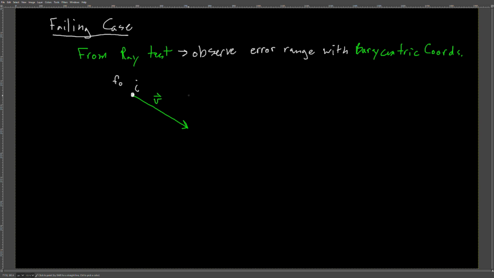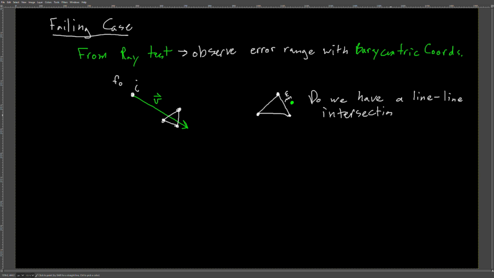But if the instant point from the frame start, after being projected from its velocity with the ray test, lies slightly outside of this triangle, then we might actually be in a situation where we have to pay attention to the adjacent neighbors of the incident point. Notably, we might have a line-line intersection, which is the next most complicated intersection that can happen with surfaces.